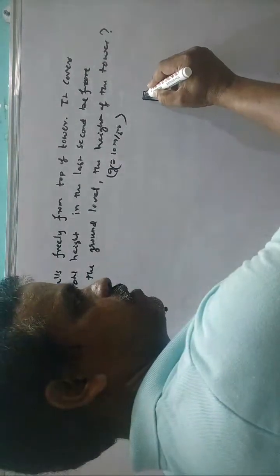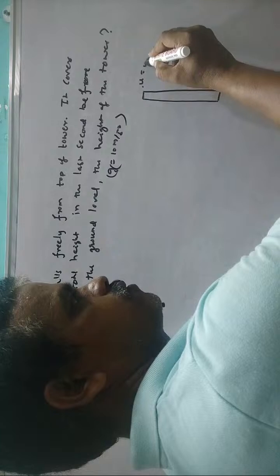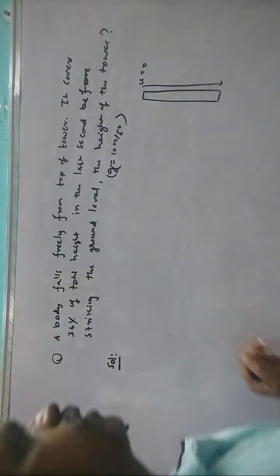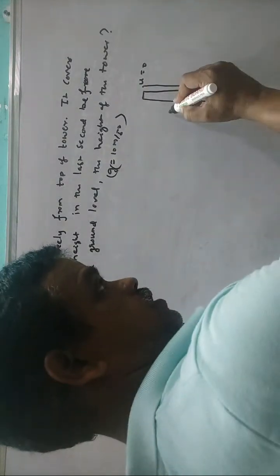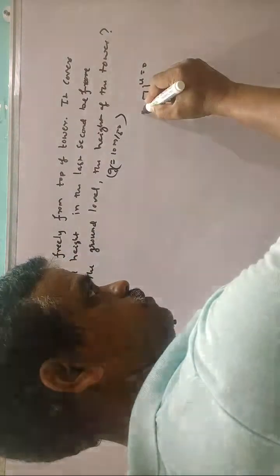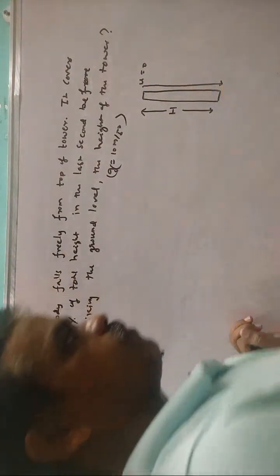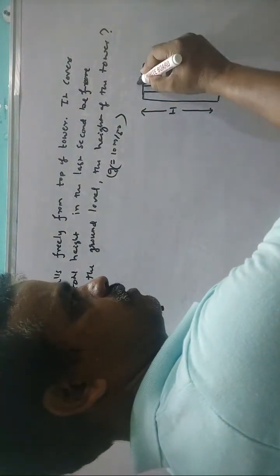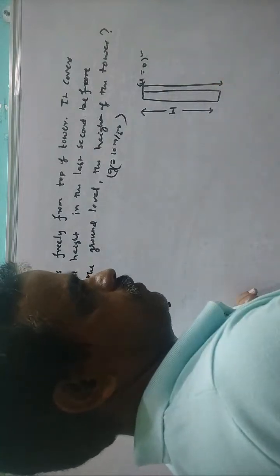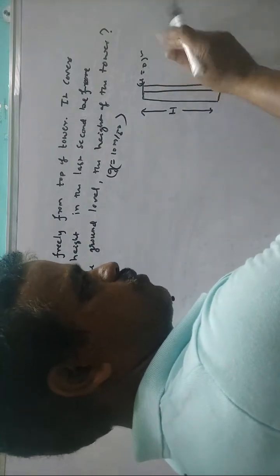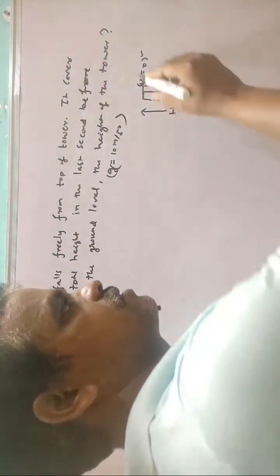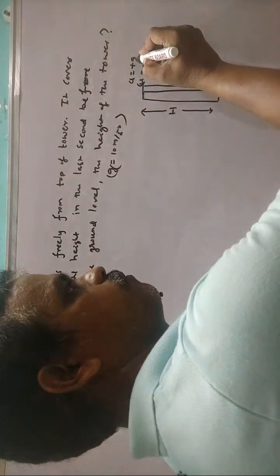Body falls means u equal to 0. It is coming down. So height of the tower, let it be h. The body falls freely, that means u equal to 0, a equal to plus g, the conditions I just discussed.